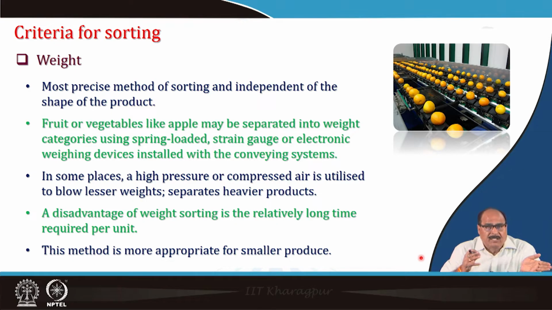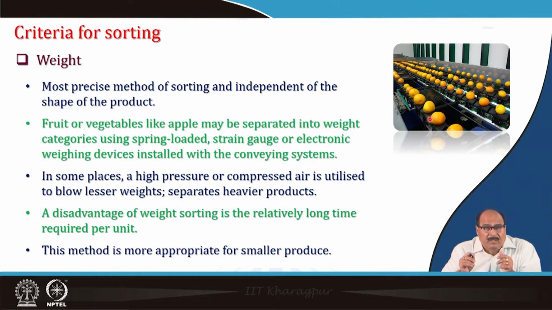As you have seen in the last slide, the criteria of sorting may be size, weight, or other physical properties. We will see them one by one. First, sorting on the basis of weight is the most precise method and is independent of the shape of the product. Fruits or vegetables like apples may be separated into weight categories using spring loaded strain gauge or electronic weighing devices installed with the conveyor system.